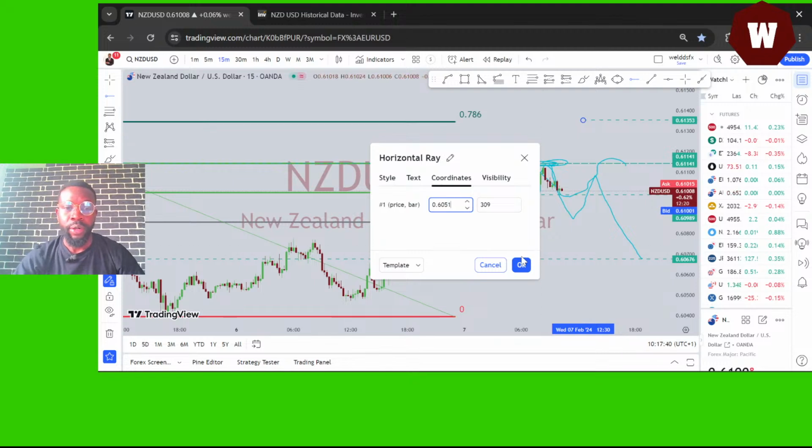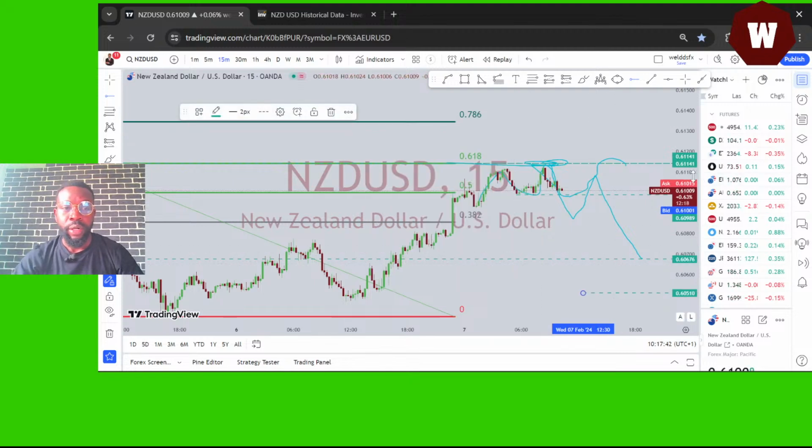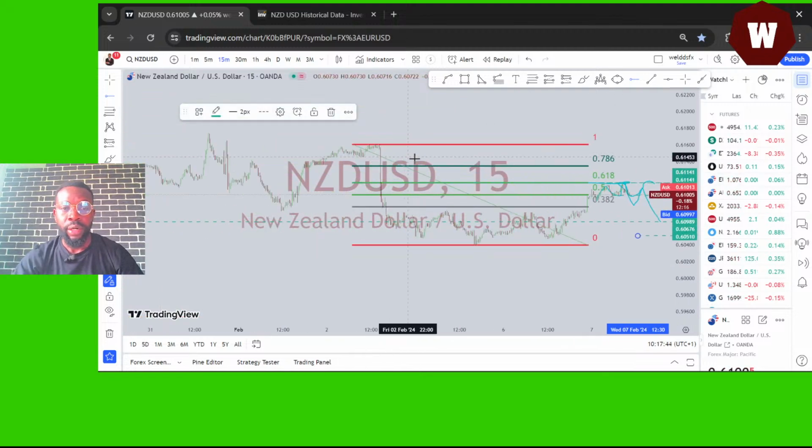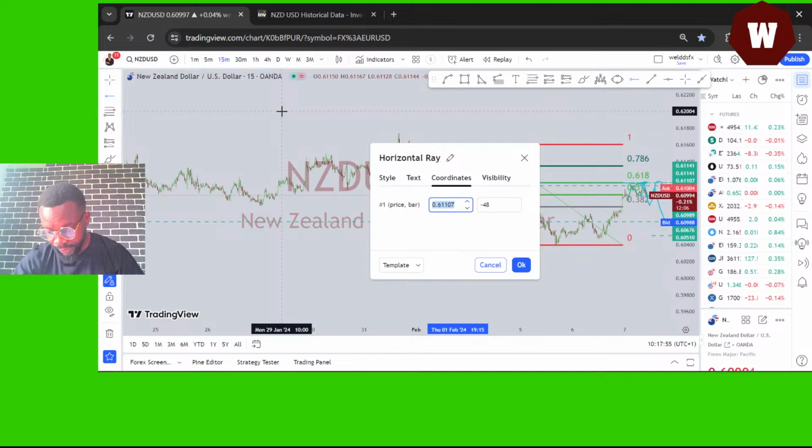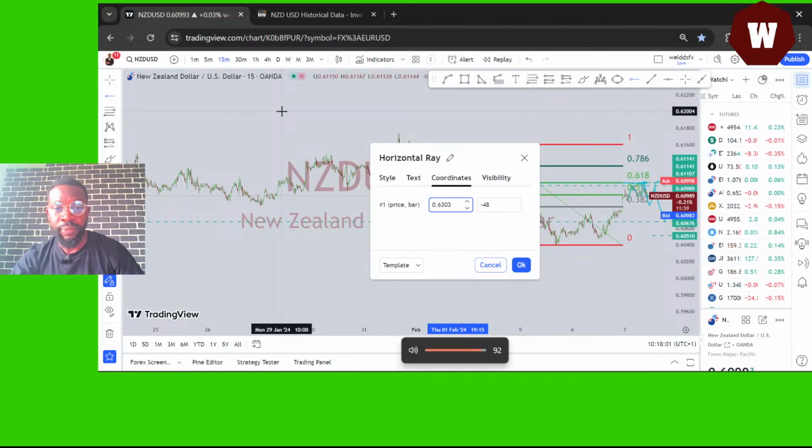Then take profit is going to be at 0.6303.